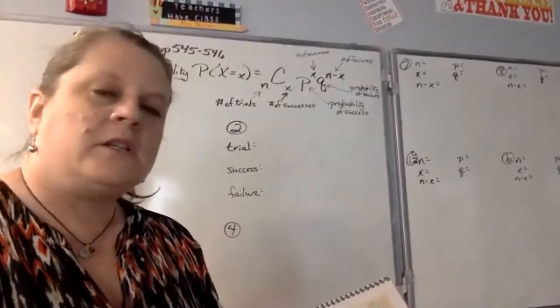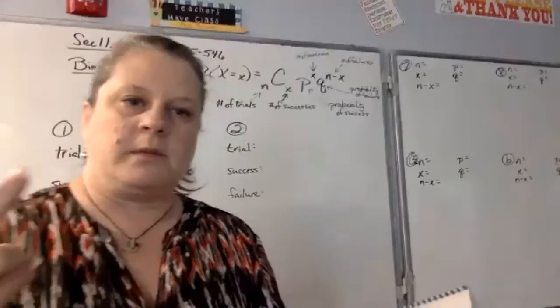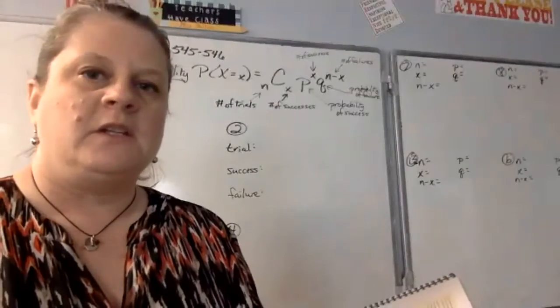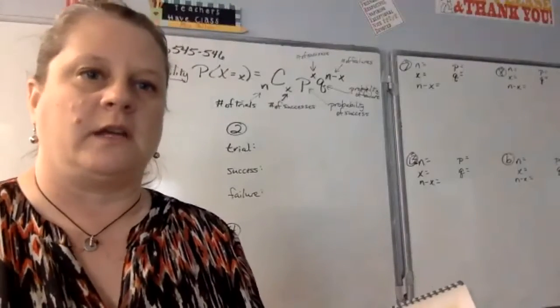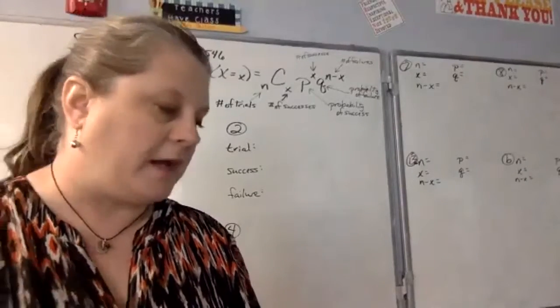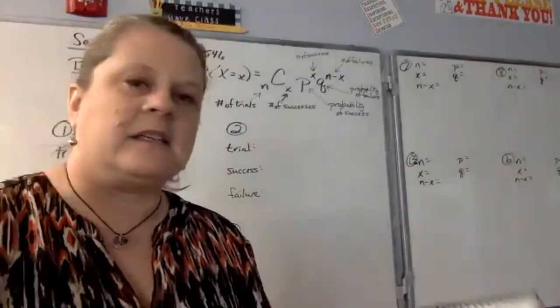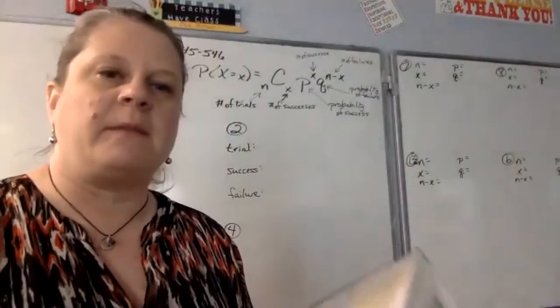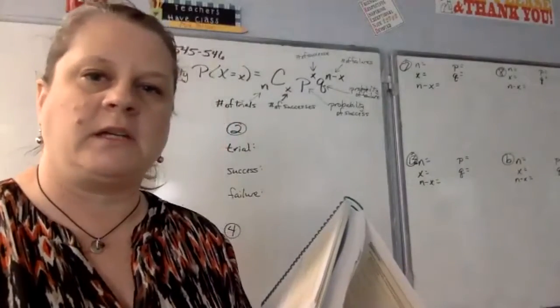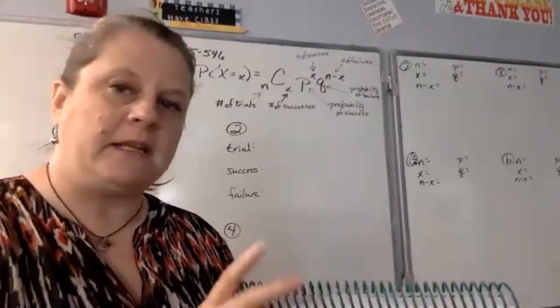So when she throws the ball, she has 2 options every time, right? She can hit the target or miss the target. That's the 2 options. So it's binomial. It's got only 2 outcomes. Does me hitting it the first time have any impact on the next time I throw it? No. So it's independent.